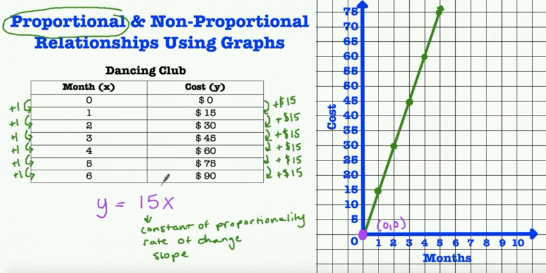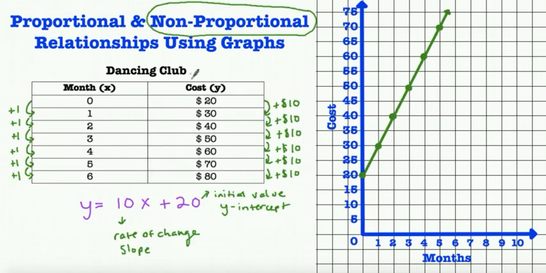So here we have a proportional relationship. So we have our constant of proportionality, which is 15. We don't have a y-intercept. Well, actually it's 0. So our graph starts at 0, 0, and increases at the same rate. And here, this is the non-proportional relationship.